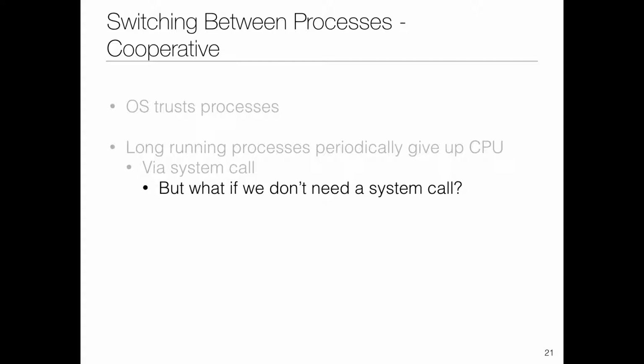But what if we don't make a system call? One of the ways was to make explicit system calls if there is no system call requirement in your program. But again, we said that we can game the system. So the other way to look at it is a non-cooperative fashion.